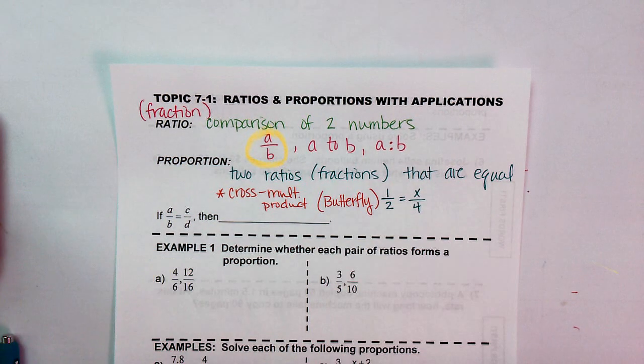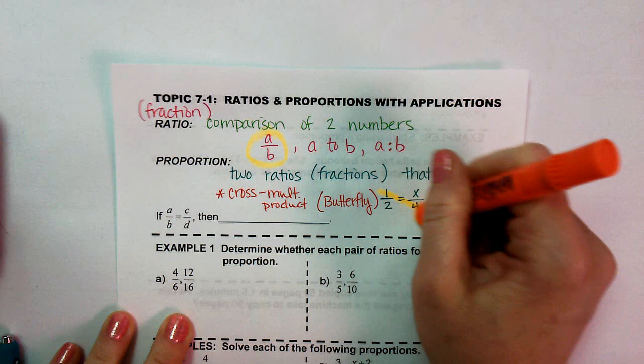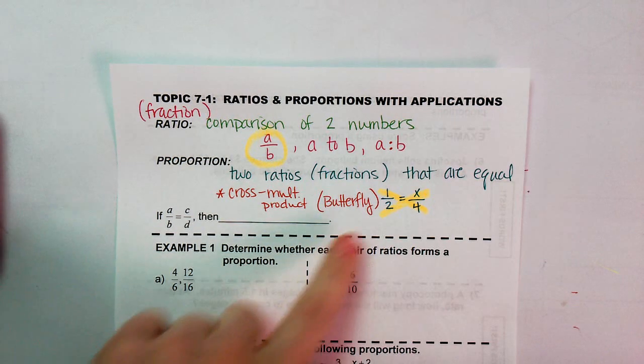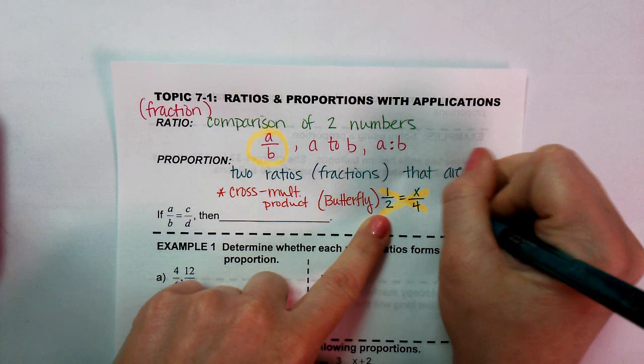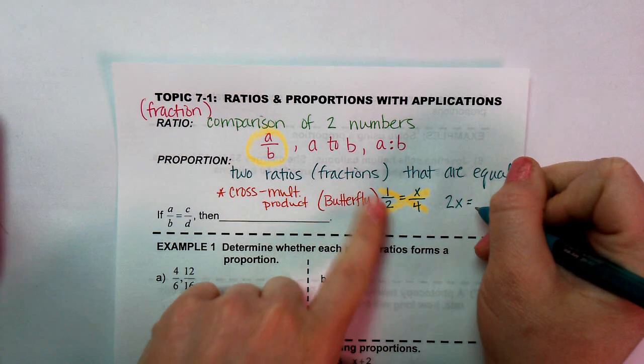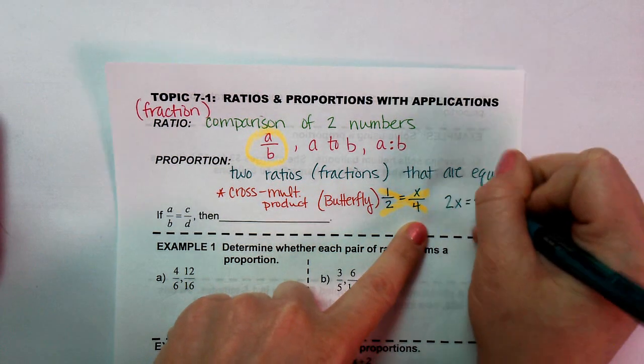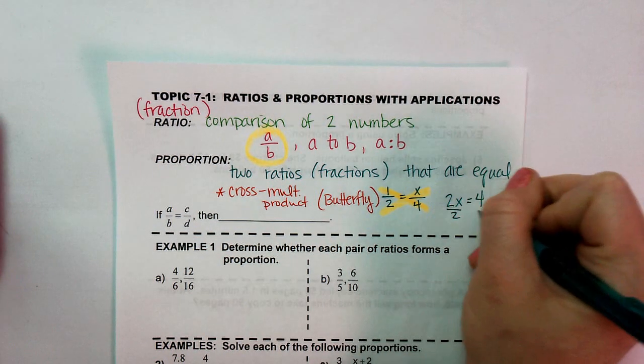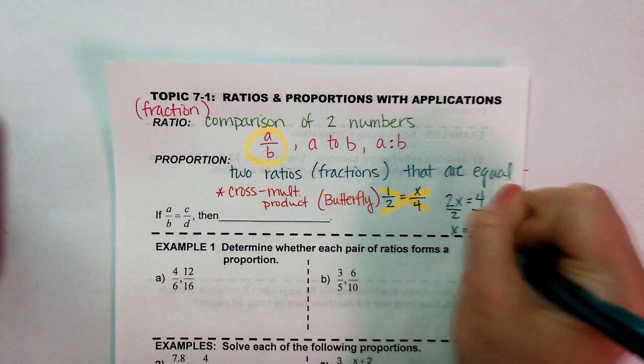Okay, the butterfly method is to cross multiply. So for instance, I'm going to multiply top times bottom on the opposite sides. So 2 times x becomes 2x equals 1 times 4, and then I would solve from there, right? Divide by 2 and get x equals 2.